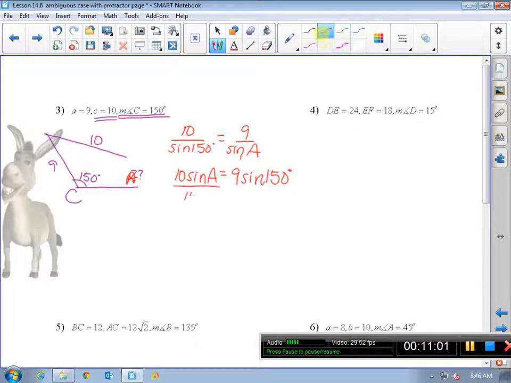We're going to be dividing by 10. I kind of know in advance here that the sine of 150 is the same as the sine of 30. It's in quadrant 2, and that's going to be a half. So these should turn out to be nicer numbers. Let's plug this in. 9 times the sine of 150 divided by 10 is 0.45.